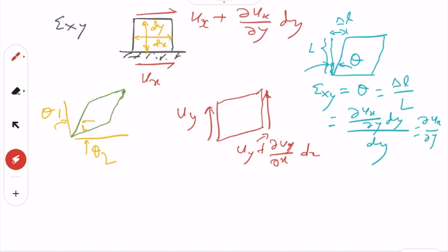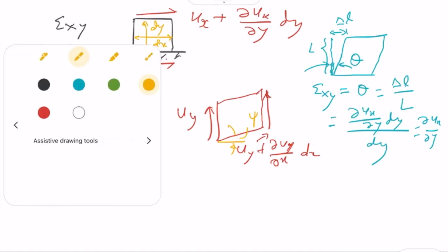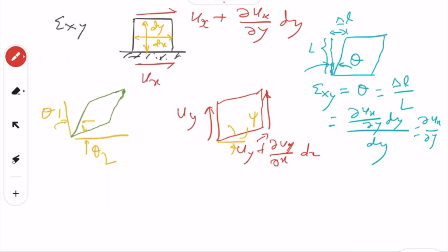And in this case, this angle, say this is psi, so we get epsilon xy equal to psi, which is nothing but del uy over del x.